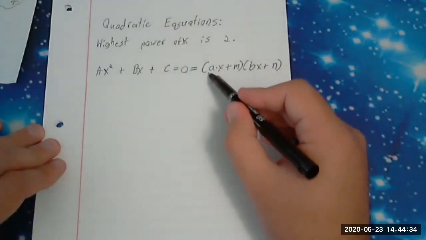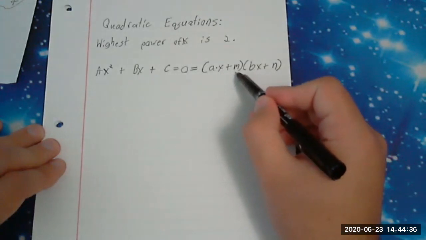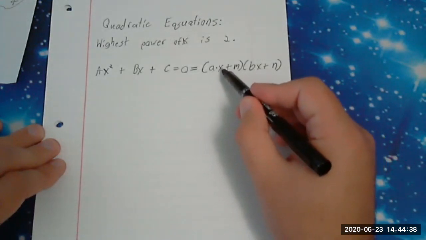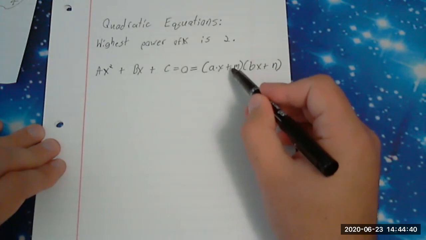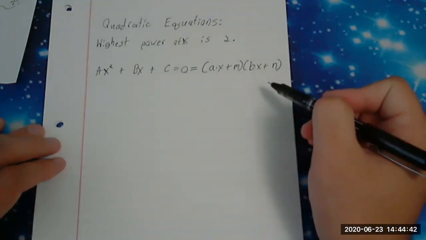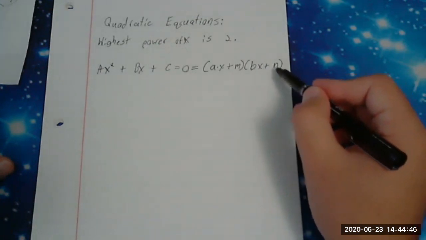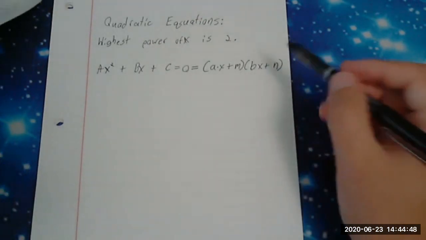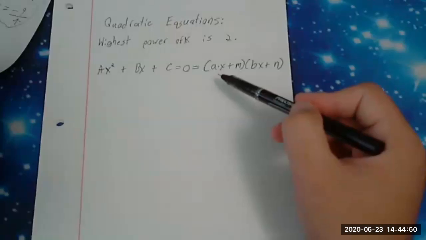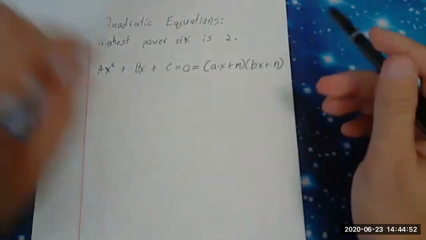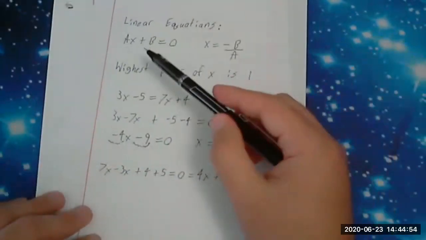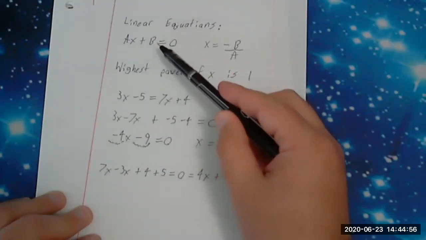And that's because the thing in parentheses right here is a number times x to the first power plus a number. And in this parentheses is a number times x to the first power plus a number. We've actually turned a quadratic into two linear equations, a number times x plus another thing.